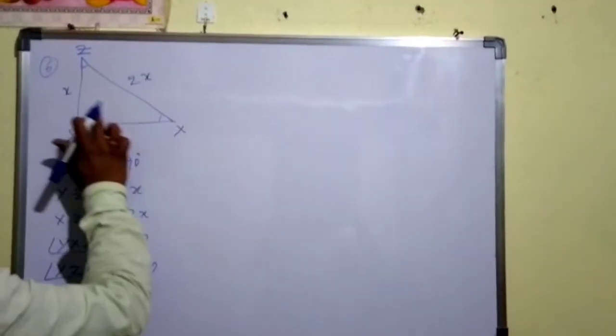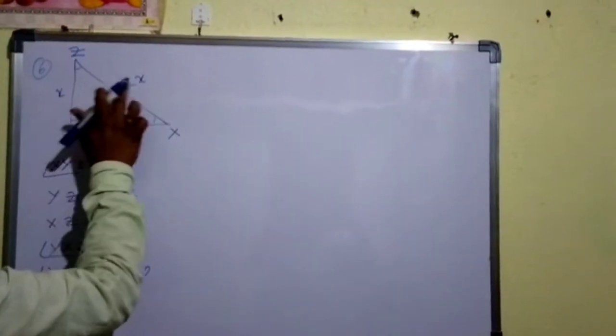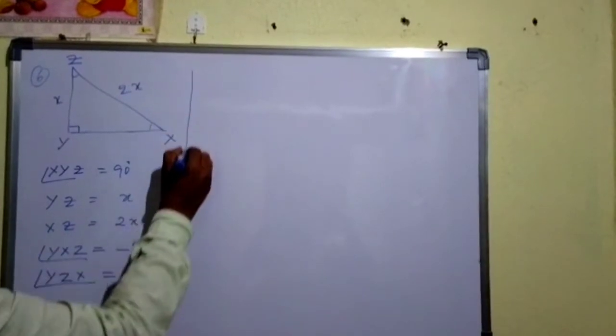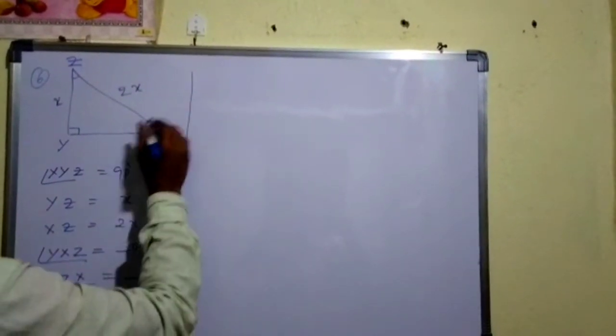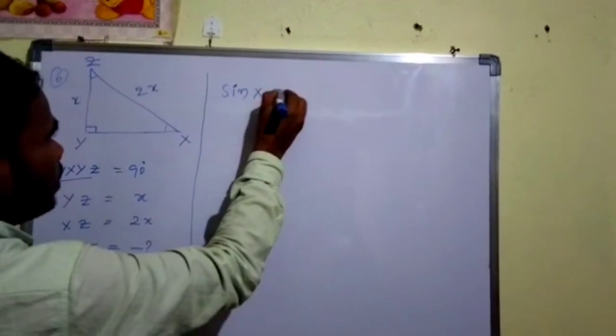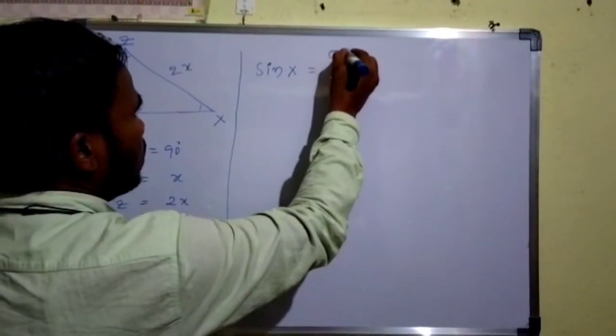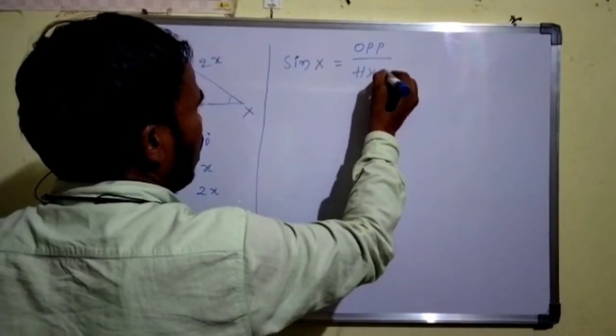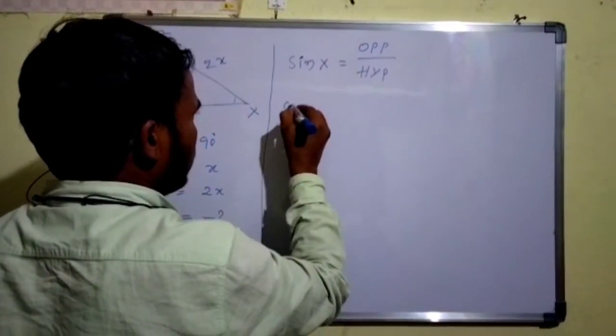Finding angle X means the relation between these two sides: opposite and hypotenuse. So that is sin.